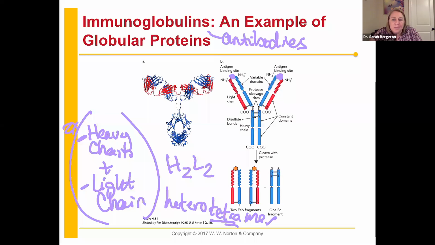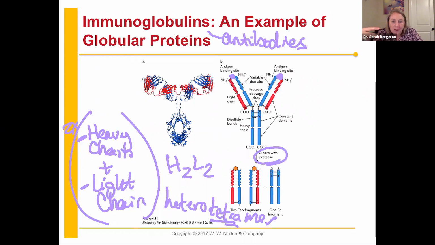And when we were trying to study these, what you can do is treat them with a protease. Not a strong protease that'll chew the whole thing up, but a very mild protease. And so what happens when you cleave it with a protease is you end up with 2 fragments.